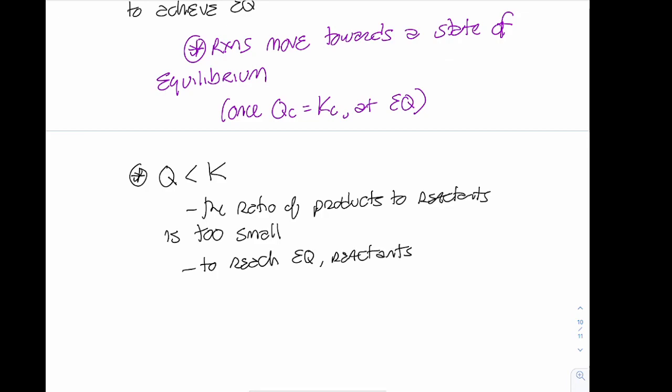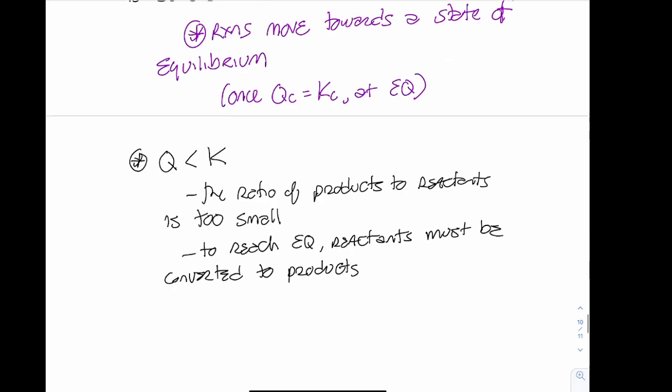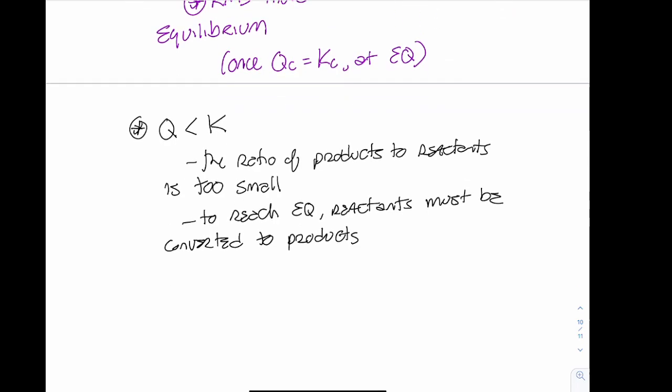So to reach equilibrium, reactants must be converted to products. So the system proceeds in the forward direction.